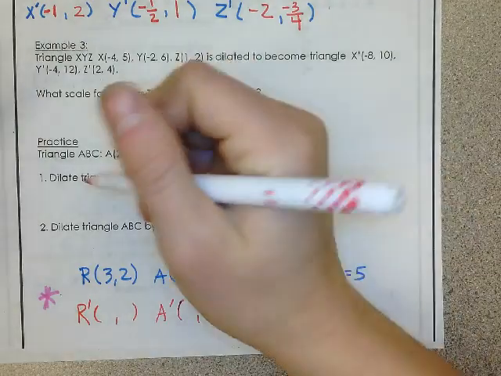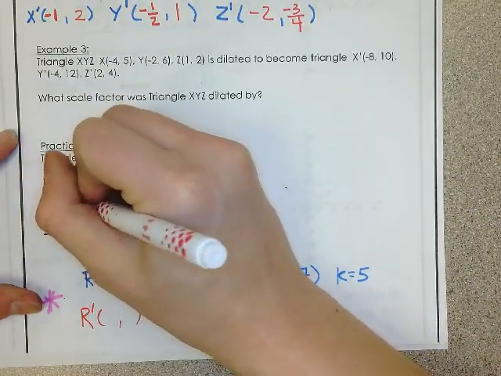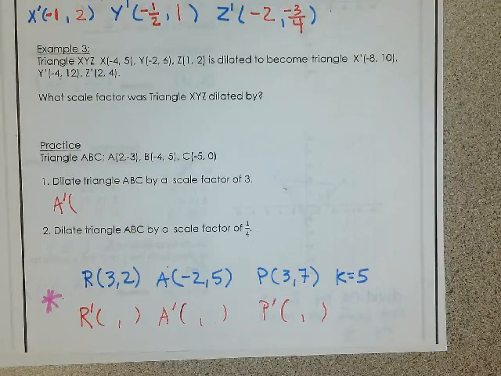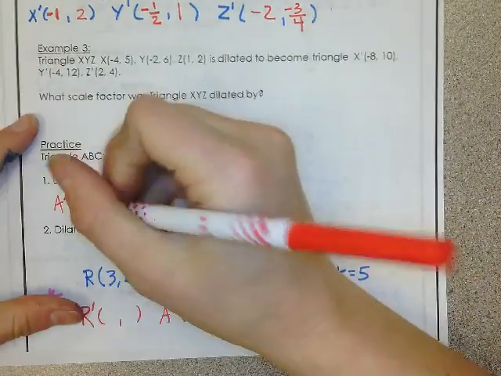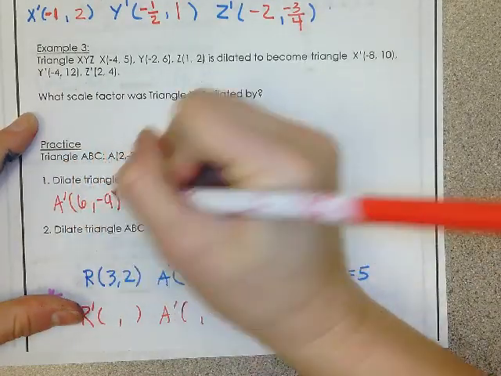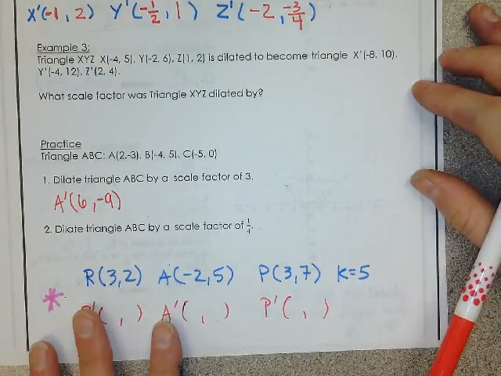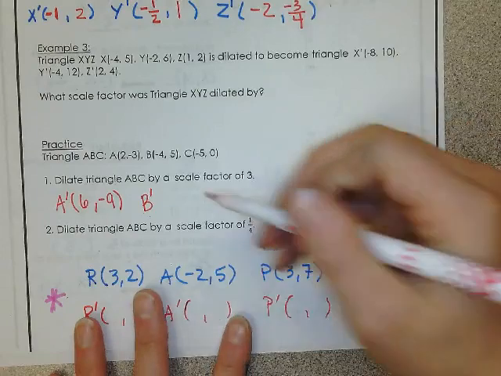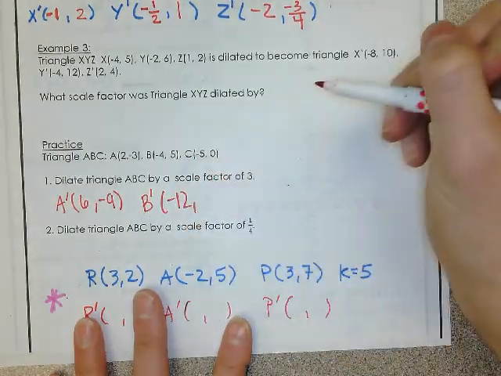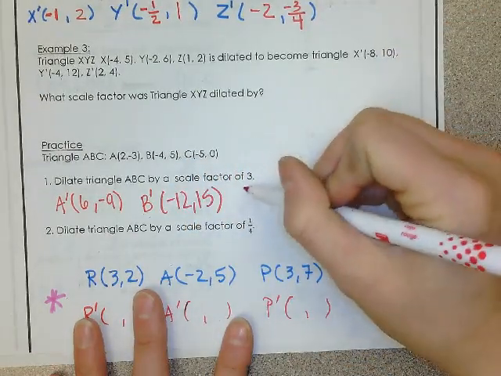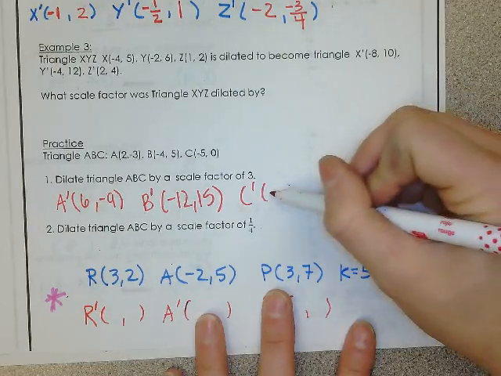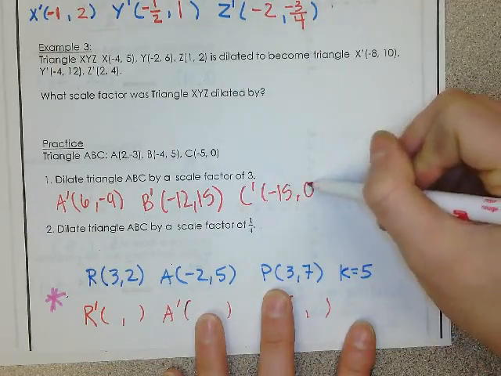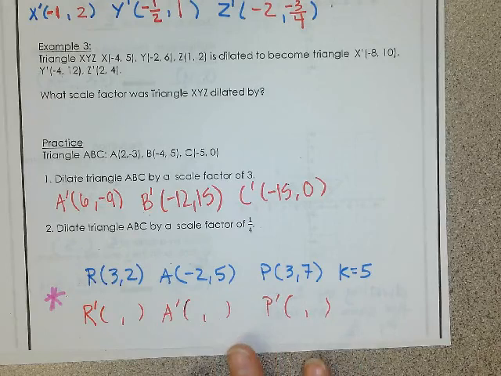Tell me what they got for A prime for number 1. 6, negative 9. Okay. B prime. Negative 12, 15. Awesome. C prime. Negative 15, 0. All right, how did we do, guys?